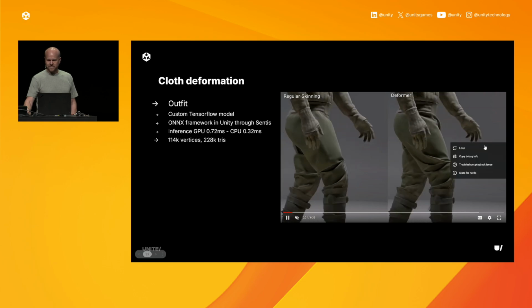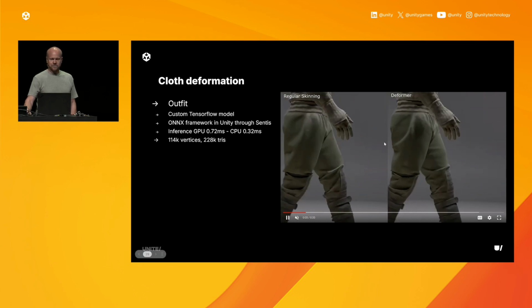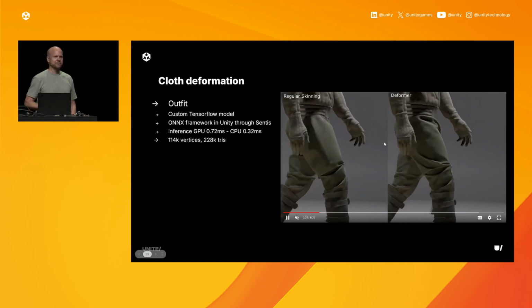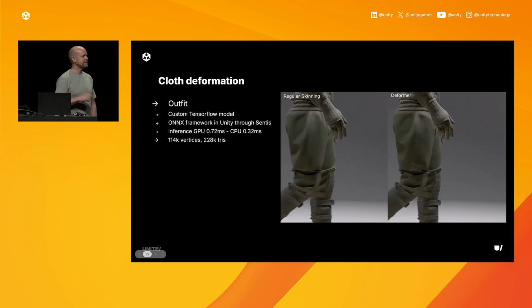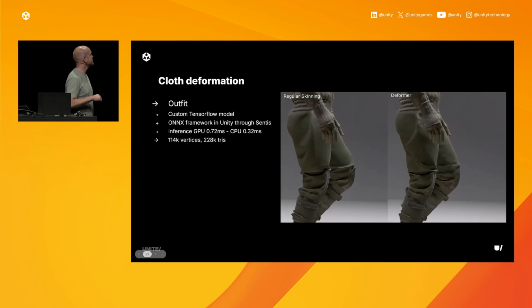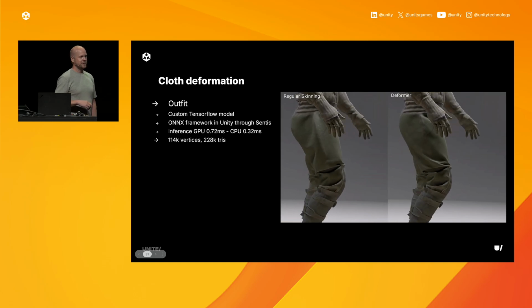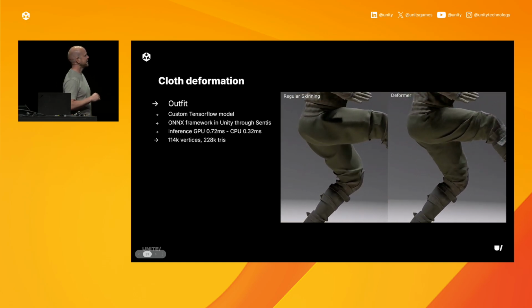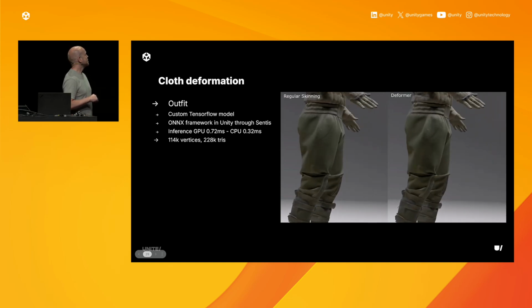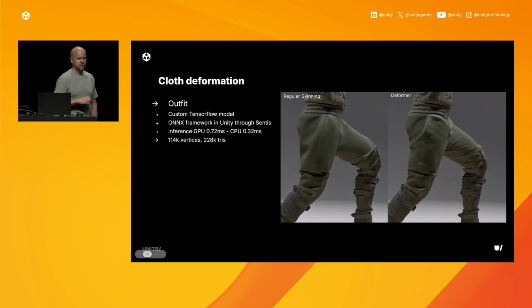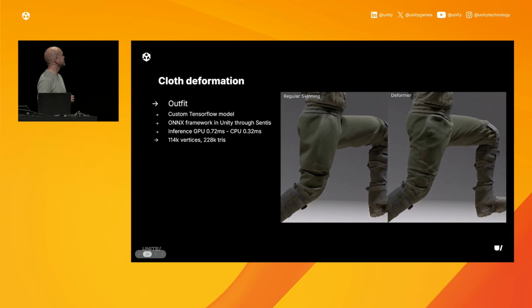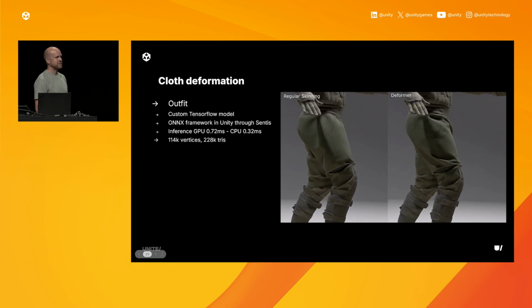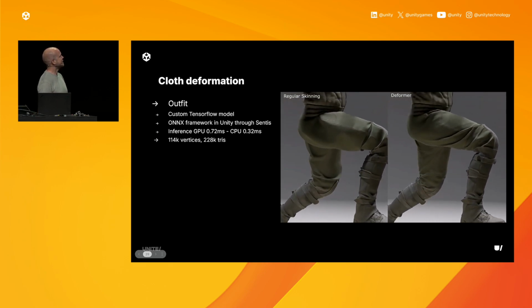The second piece here is the outfit itself. We wanted to add a little bit more detail to how this one deformed. So we started to look at machine learning, how we can make all the wrinkles, etc., behave the way we wanted. We made a custom model in TensorFlow, and with the Sentis framework in Unity, it's really simple to add this.